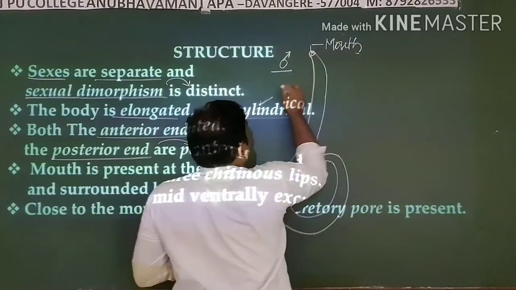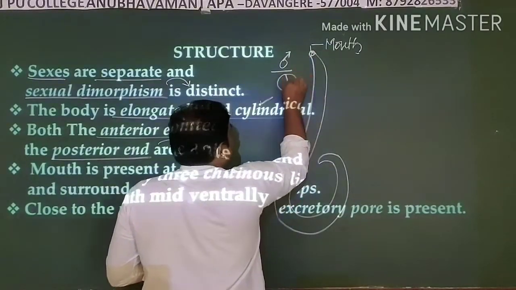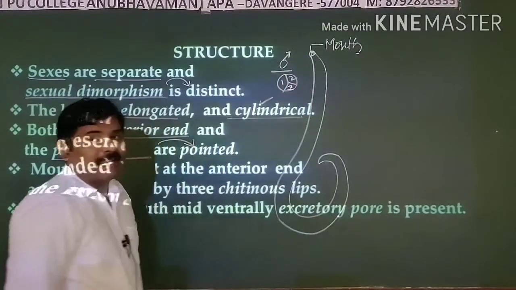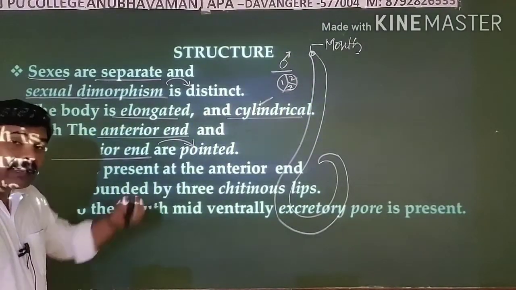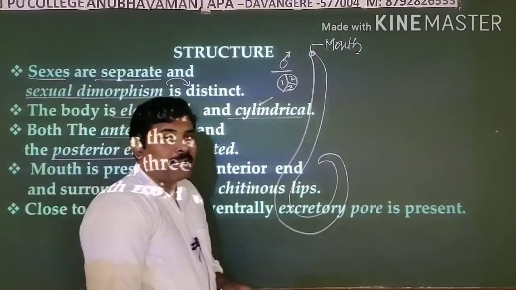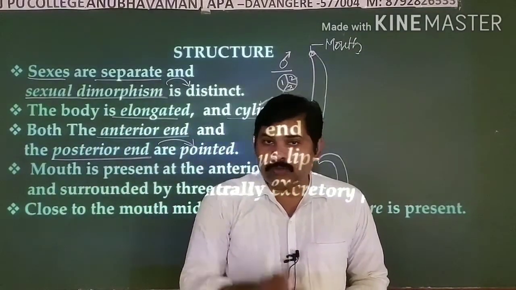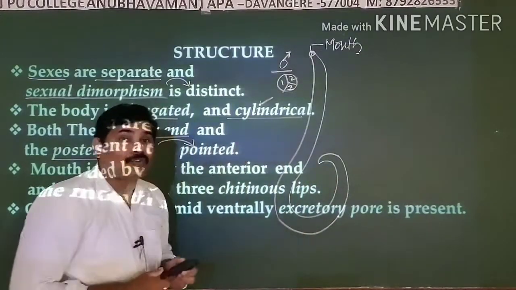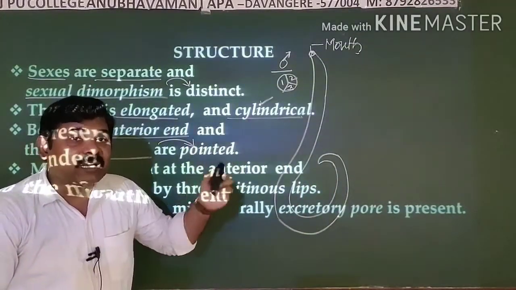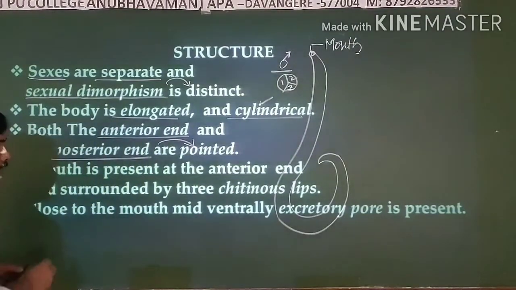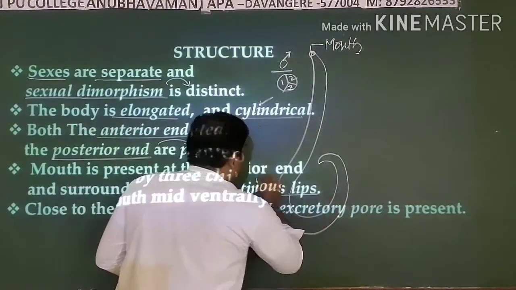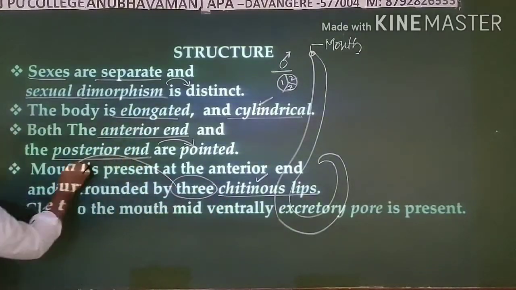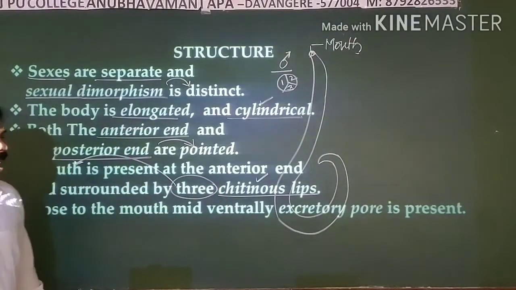Whereas when we study the filarial worm, at its anterior end it has a mouth, but the mouth is not covered by lips. In Ascaris lumbricoides, the mouth is covered by 3 chitinous lips. See this clearly.